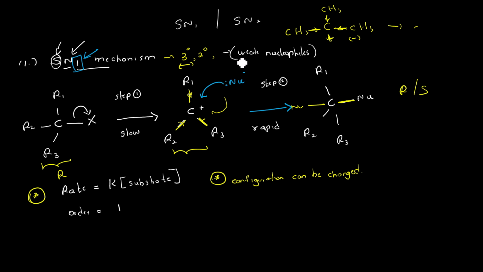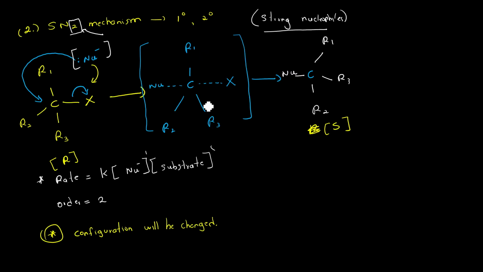So overall, for substitution reactions, you need to understand your nucleophile has to reach the carbon center. So for substitution reactions, your nucleophile should be less bulky. If your nucleophile is much more bulky, if it has much more steric hindrance, then there's a problem.